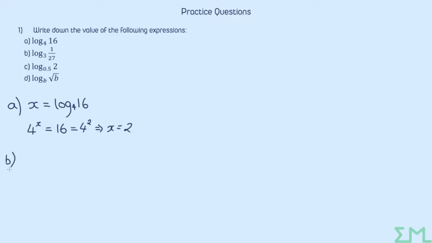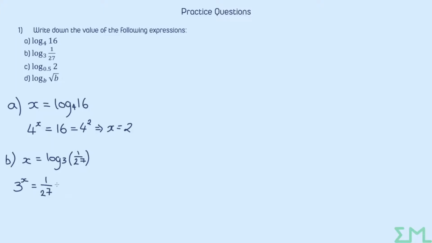Okay, let's take a similar approach for the next one. So we'll use x again. x equals log base 3 of 1 over 27. So again, base number, the little number by the log, 3 raised to a power we do not know, x, equals 1 over 27.